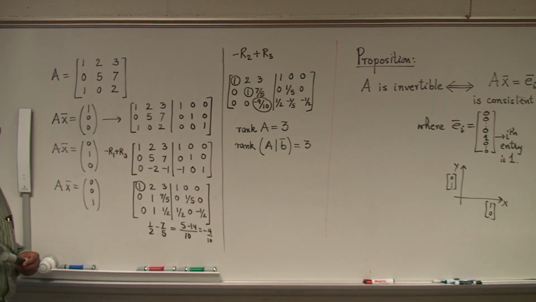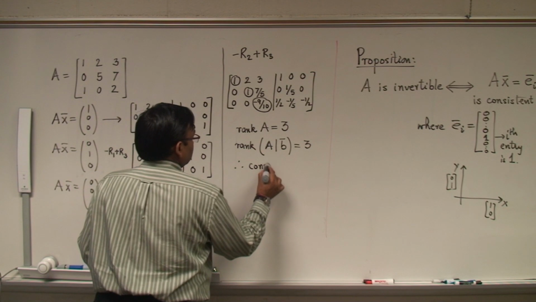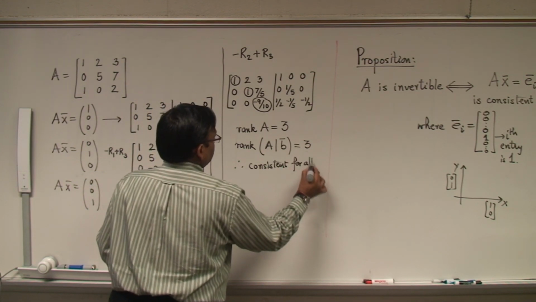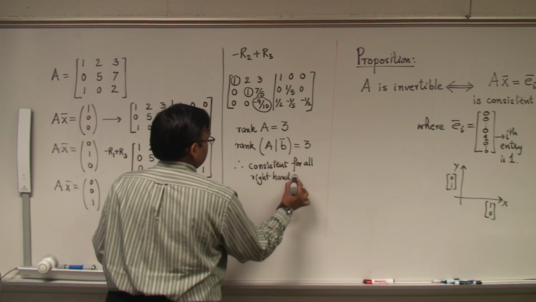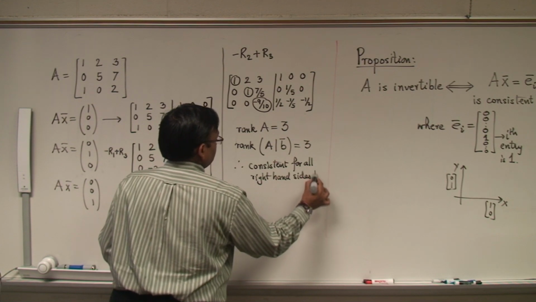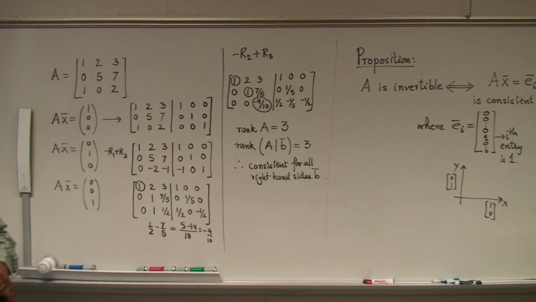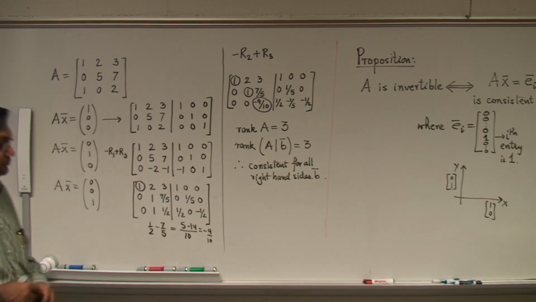Because the augmented matrix will have only 3 rows, so it will have full rank. Therefore, it will be consistent for all right-hand sides. So, at least theoretically speaking, I can guarantee that this has an inverse. If only I can find the solutions to each one of them, then I will even know what my inverse would be. Okay.